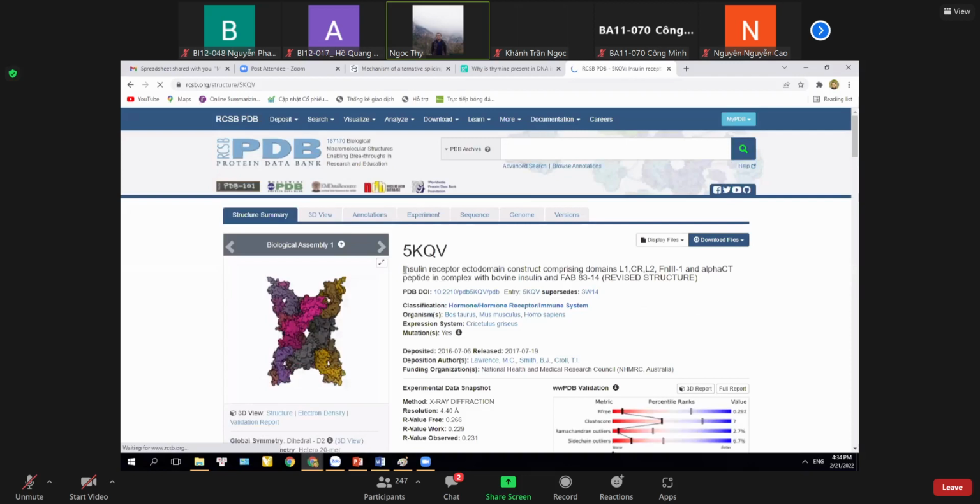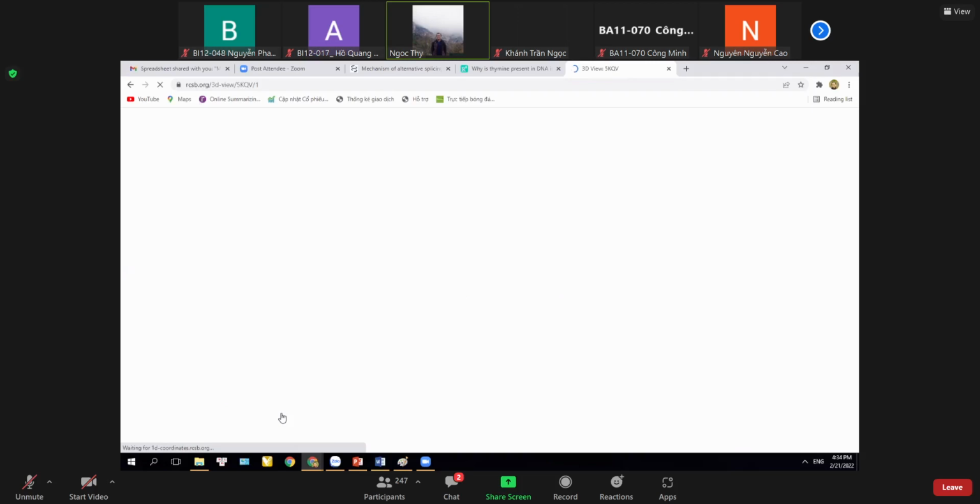So insulin receptor. So this is the 3D structure. We can see it in 3D structure here. Click on this, wait a few seconds. It's really slow because it contains a huge amount of data.